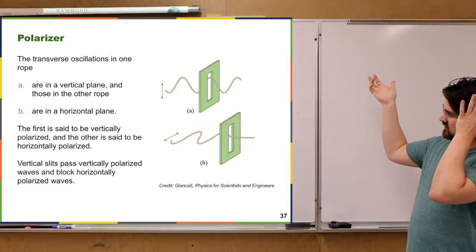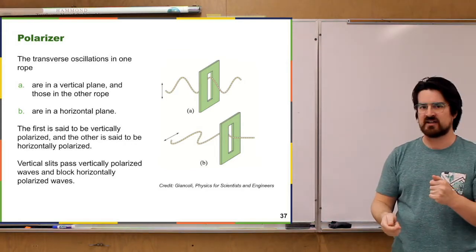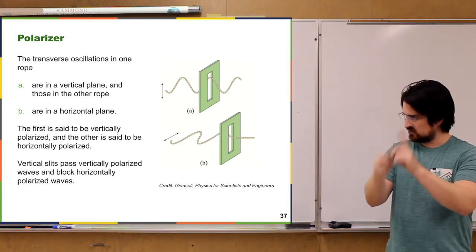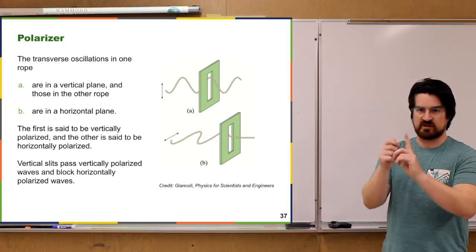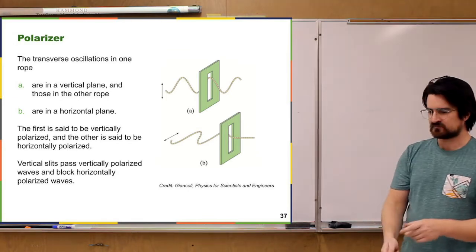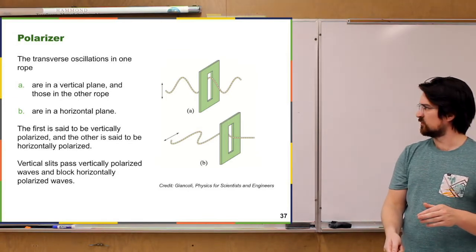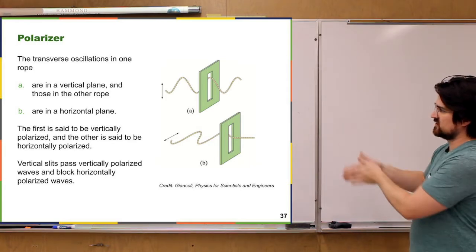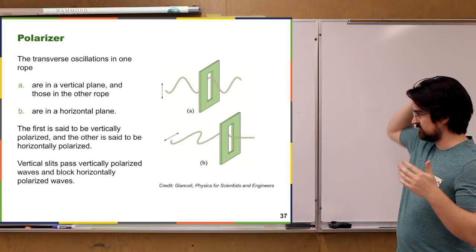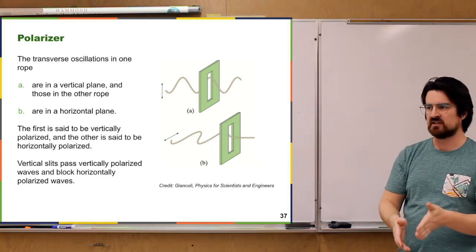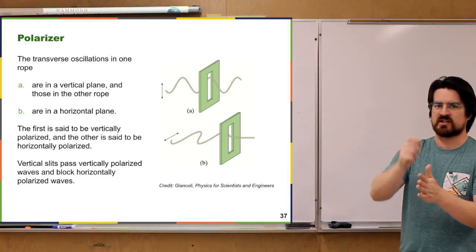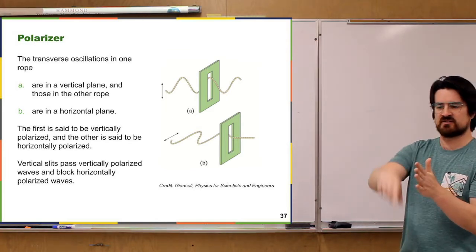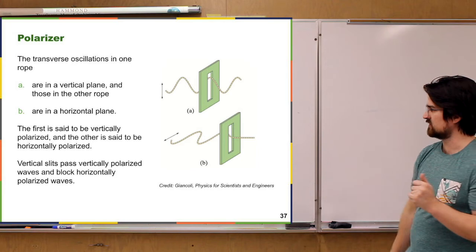In this first picture, we're oscillating the rope up and down, that's the direction of the polarization, like the direction of the electric field. If the polarizer, this screen with a slit, is also laid out vertically, then these waves are able to transfer through it. The rope can go up and down in the slit, and it just keeps going. There's no stopping it there.